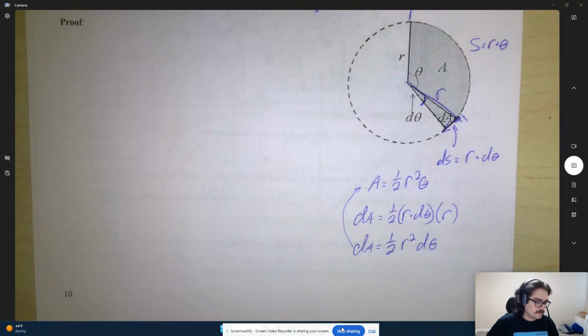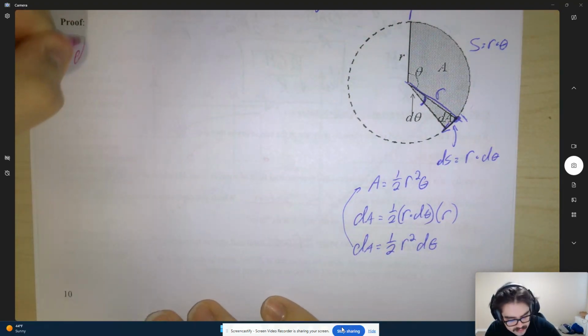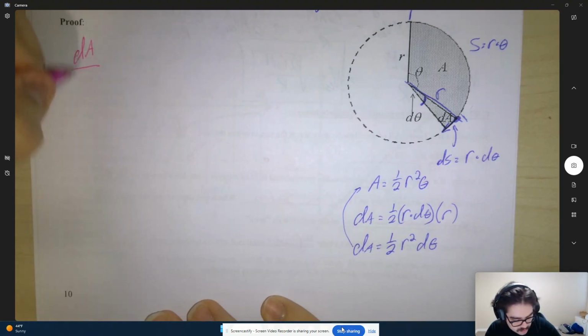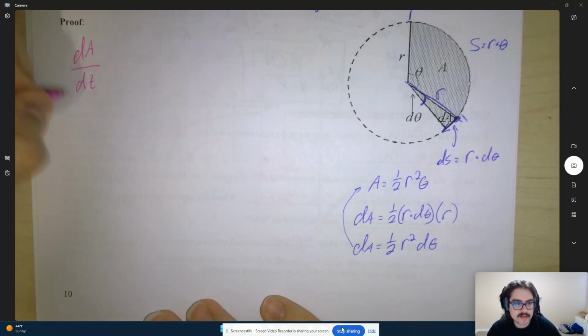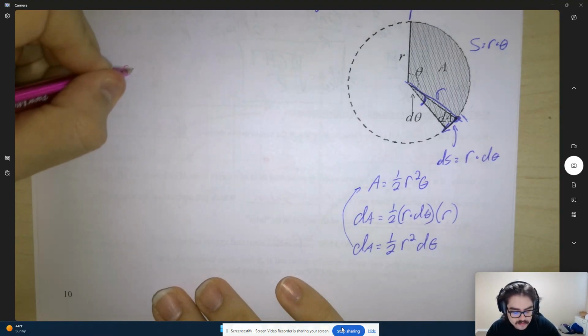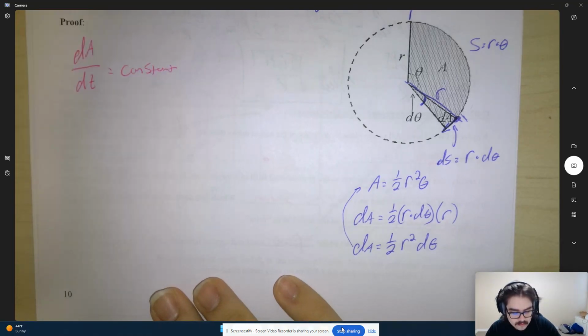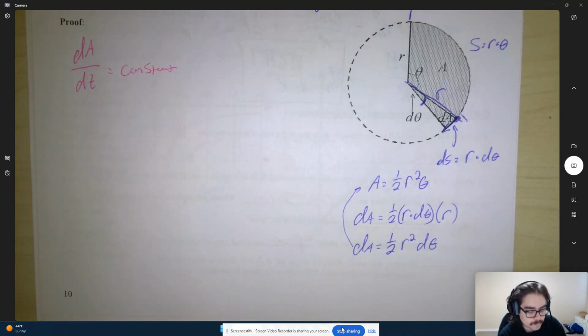Okay. Well, what's important to understand is that, let me get started on the actual proof of it, if I have dA over dt, the area that I'm sweeping out over a period of time, this should be constant. I'm assuming that this is true in the proof, and I can prove it from there.